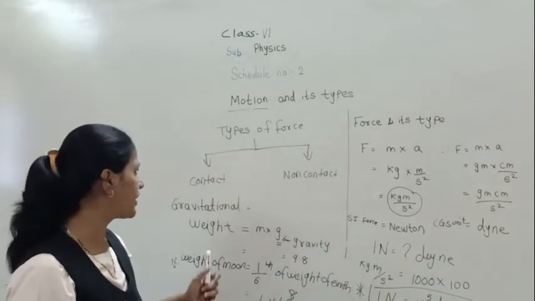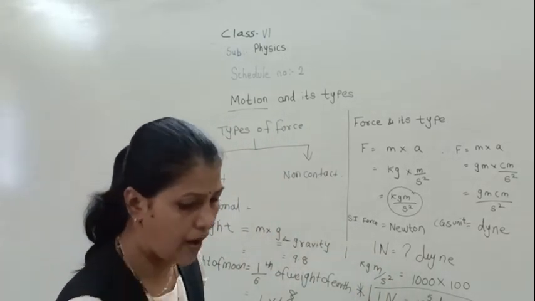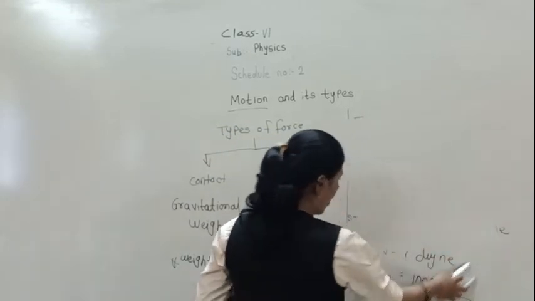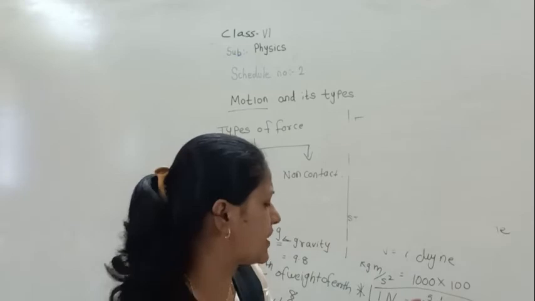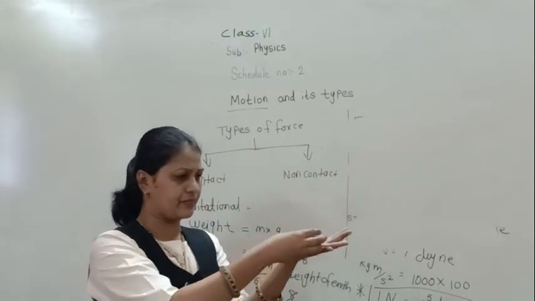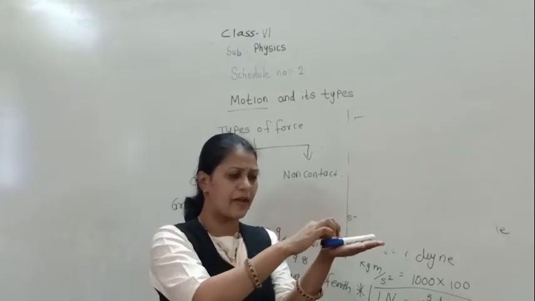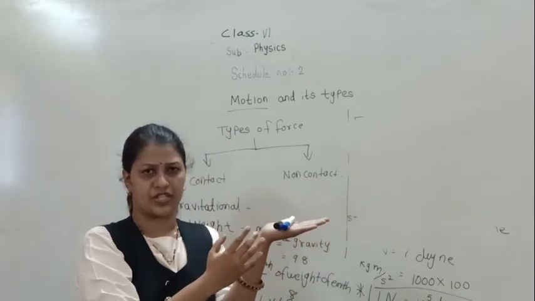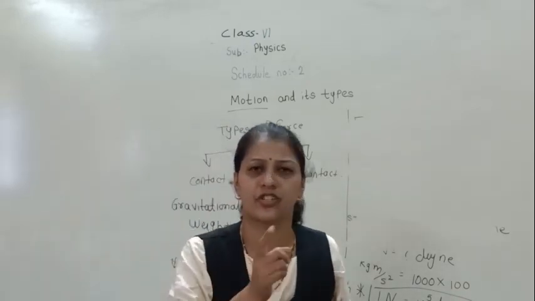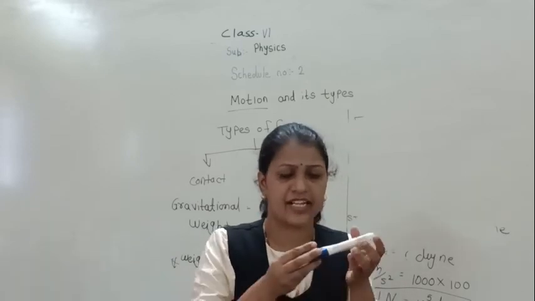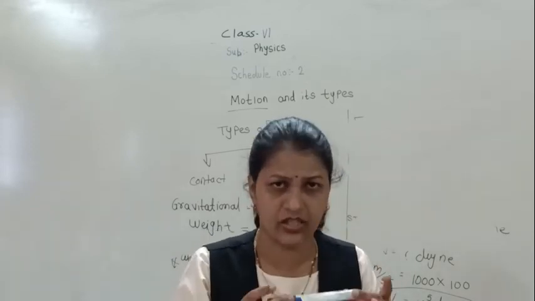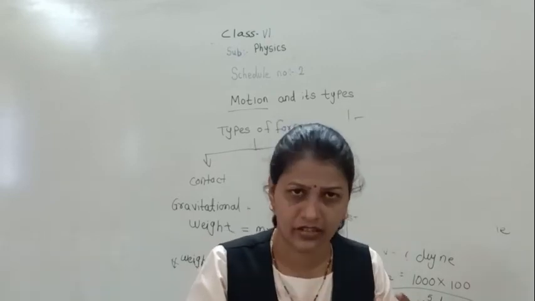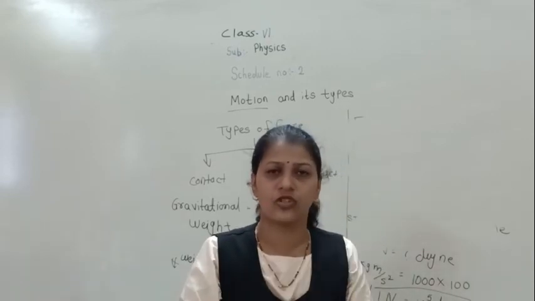Then the last point of this lesson: if there are two objects, suppose these two pens, and they are close to each other, they are exerting some pressure on each other. As they are in contact, they apply some force on each other.